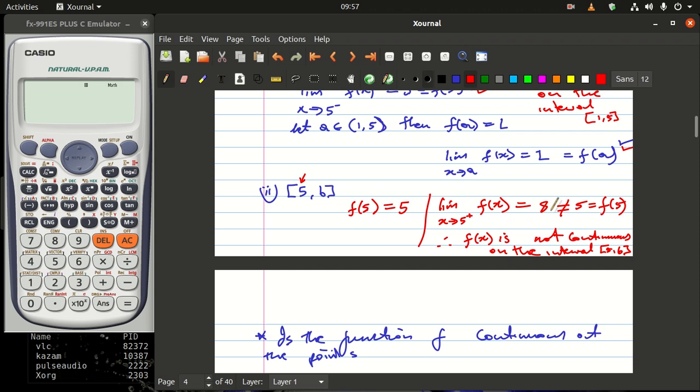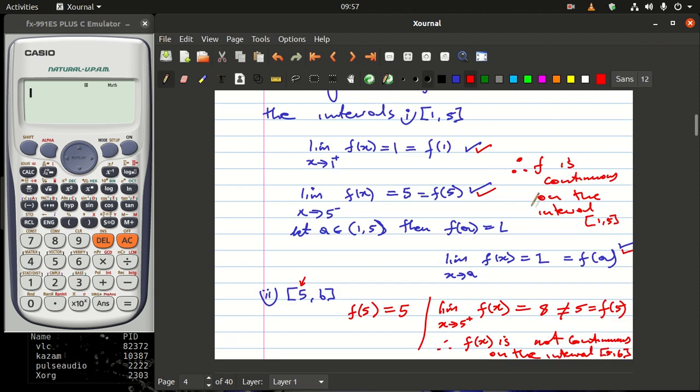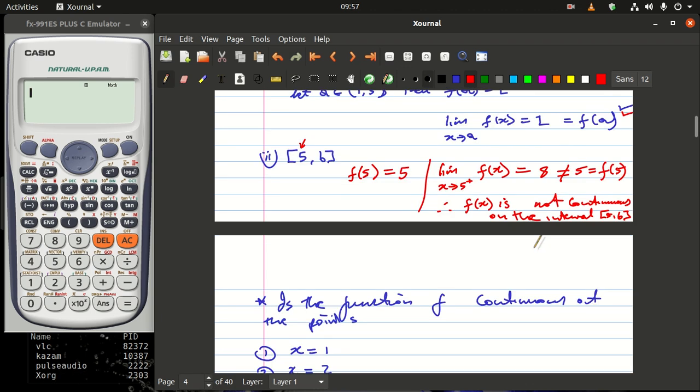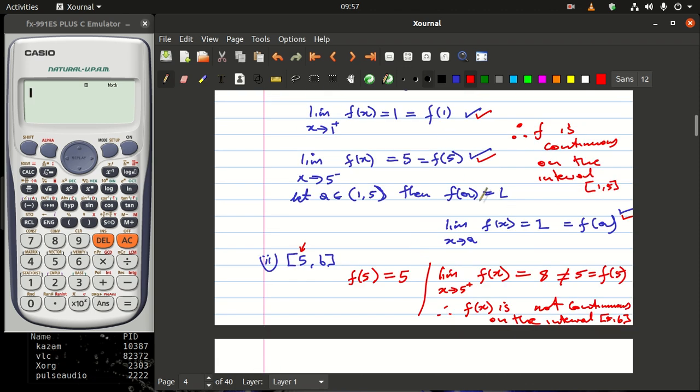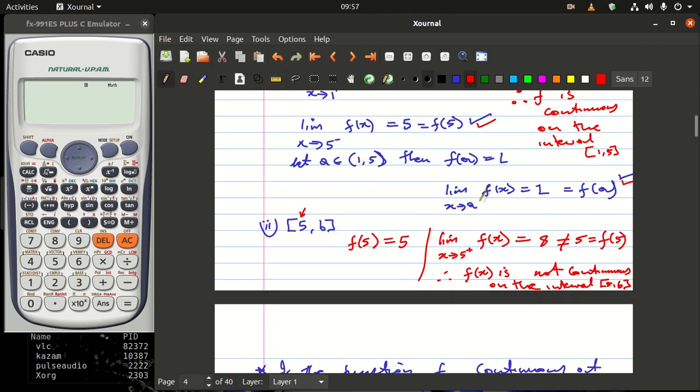So that's the difference I wanted you to see: to be continuous throughout this interval, f of x has to satisfy these three conditions. But when one of these conditions is not satisfied, you are done. It's not continuous. That's what is important.